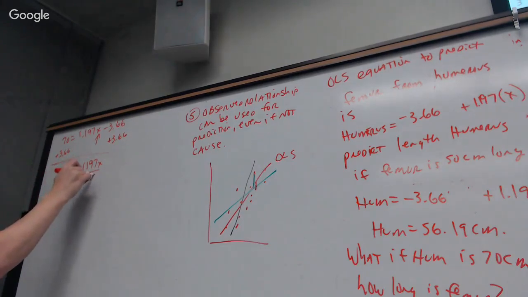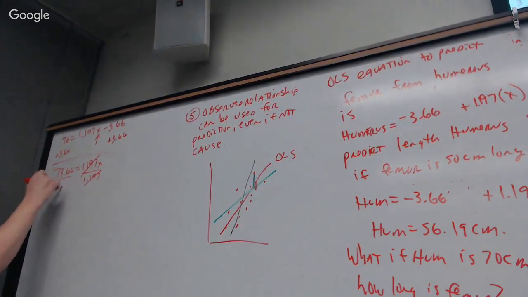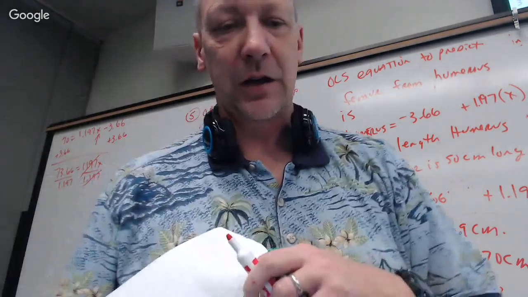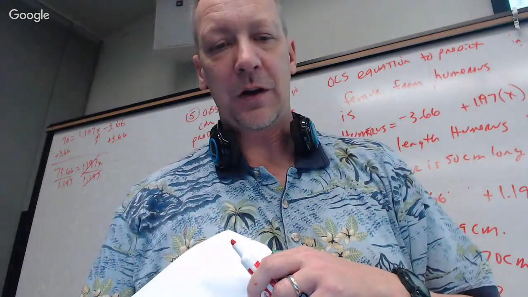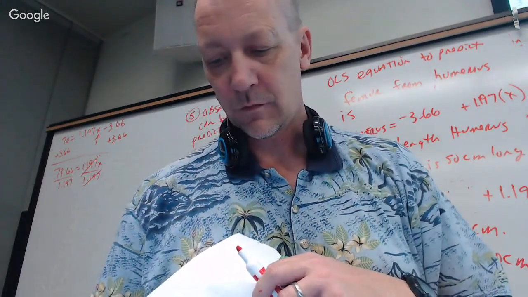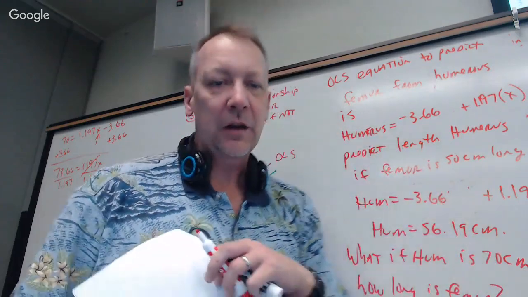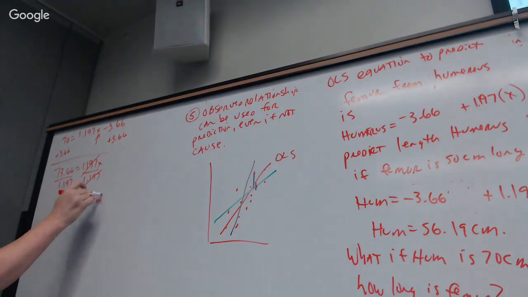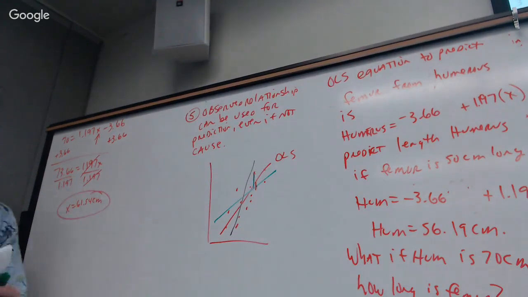Divide by 1.197. So 73.66 divided by 1.197 equals 61.54 centimeters. Okay?